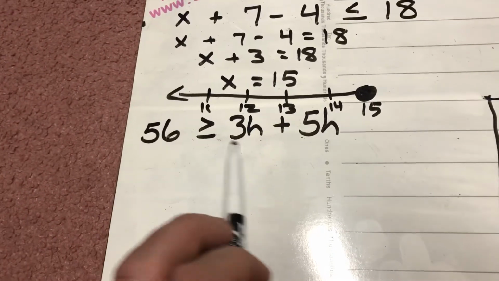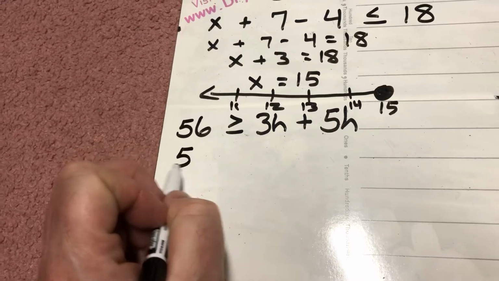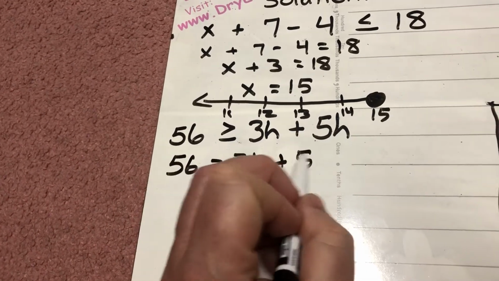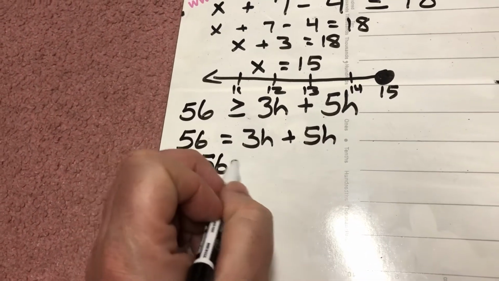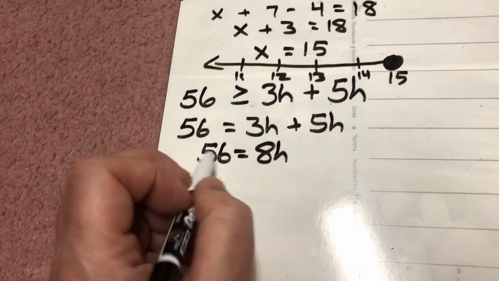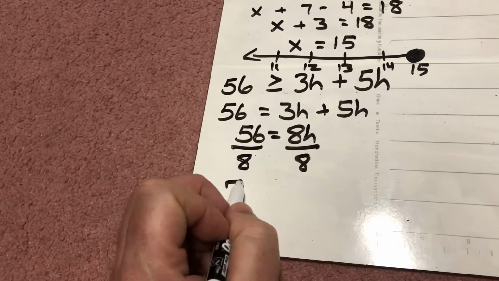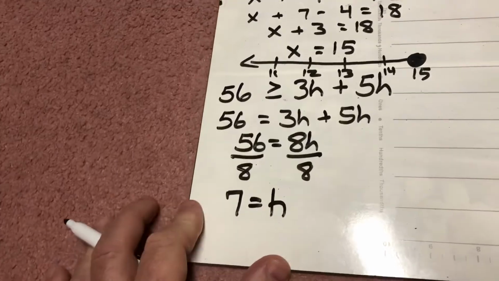56 is greater than or equal to 3h plus 5h. Well, once again, we're going to think about this as 56 is equal to 3h plus 5h, which means that 56 is equal to 8h, which means if I divide both sides by 8, I get that 7 equals h. All right?